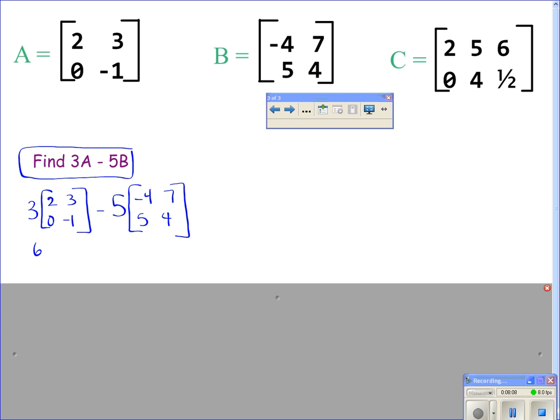So we've got this as our first matrix. Now we're only distributing the 5 here, not the negative 5, so we'll keep that minus sign in between. So we've got negative 20, we've got 35, 25, and 20.